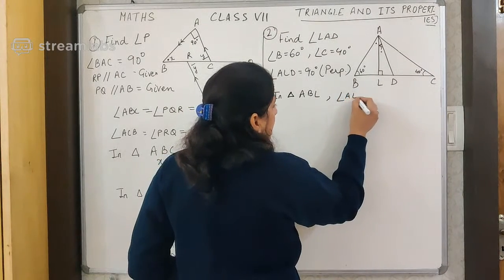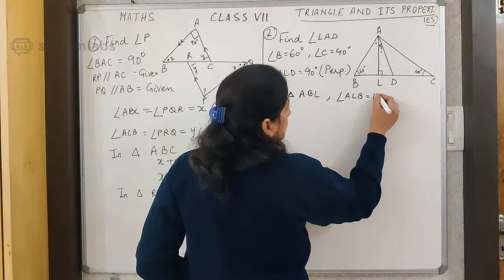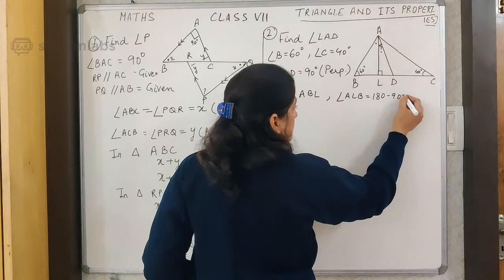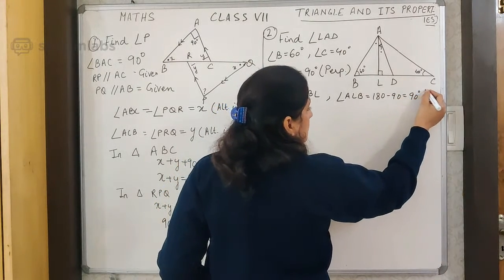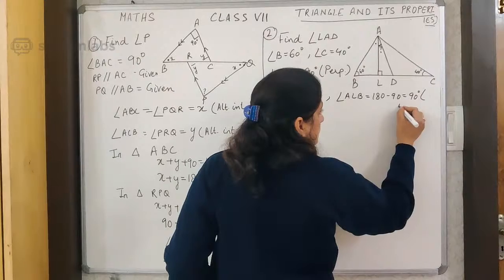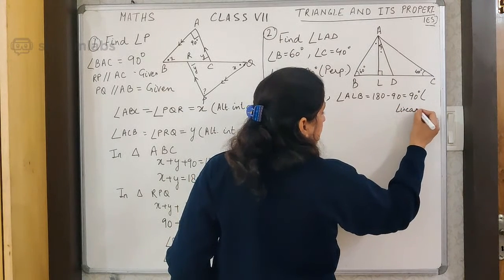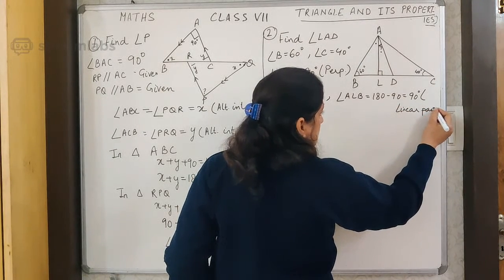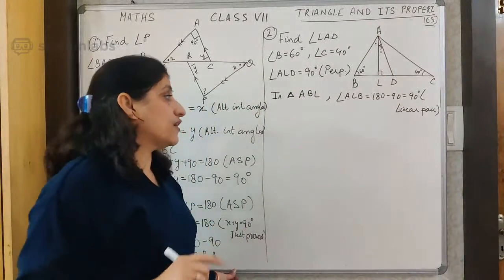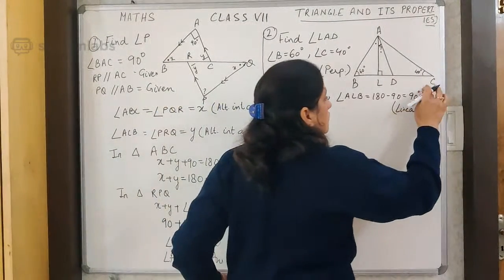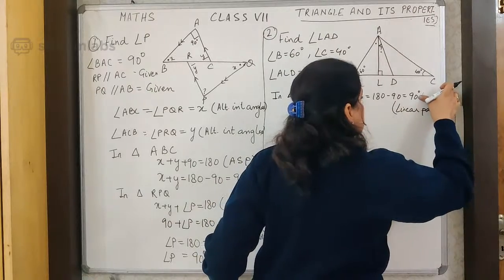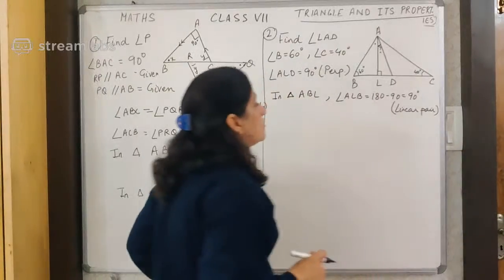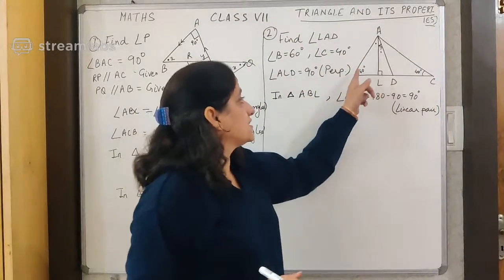angle ALB is equal to 180 minus 90 equal to 90 degrees. What is the reason? The reason is linear pair. We have already done this type of questions. Okay, linear pair. If you have not gone through, you can refer to my previous videos of this chapter. Alright, so I get this angle as 90. This is 60.